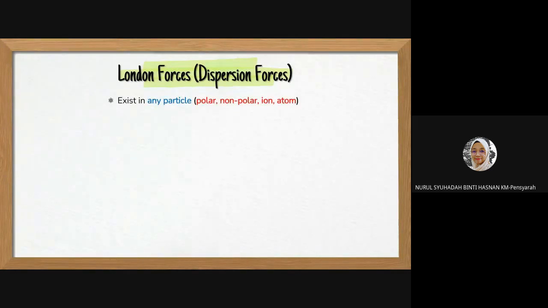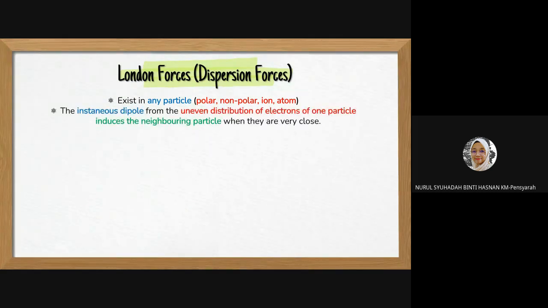Okay, so dekat sini saya akan terangkan macam mana this London forces is kiranya terhasil. Okay, so our London forces it exists in any particle. So maksudnya mana-mana molekul yang ada, molekul ke, atom ke, semua akan ada London forces. Okay, it exists in any particle. Okay, polar, non-polar, ion or atom.